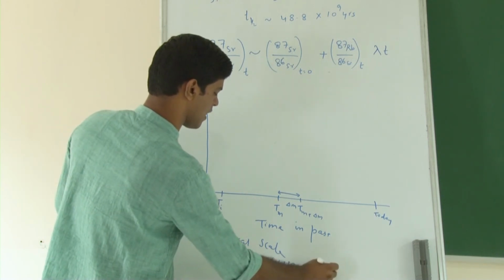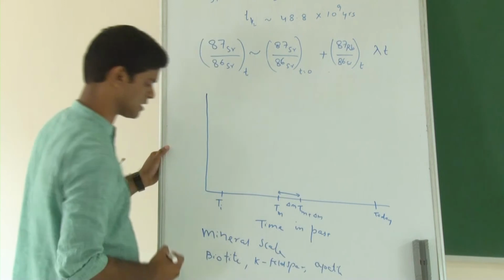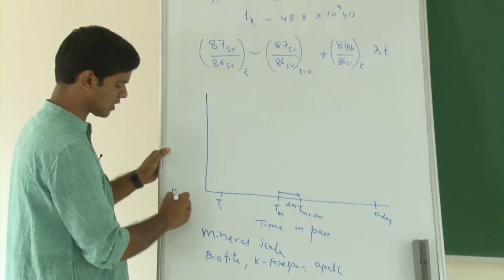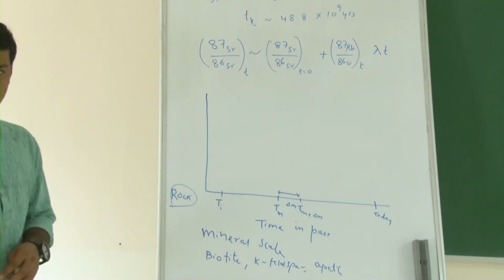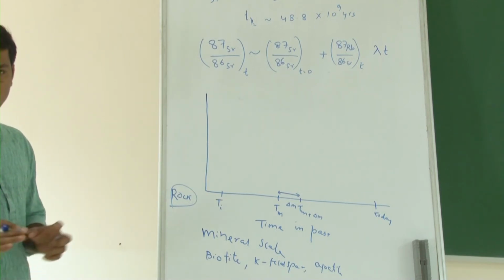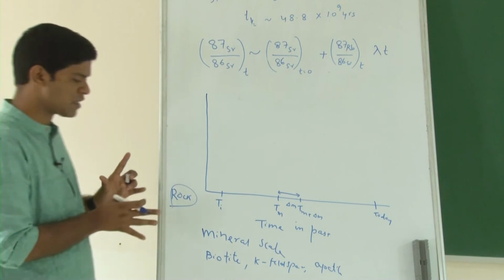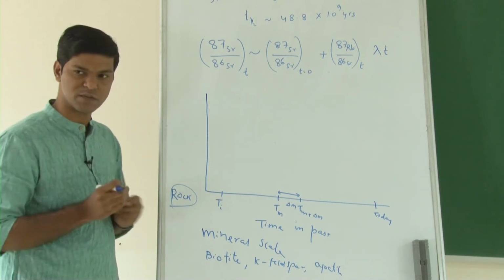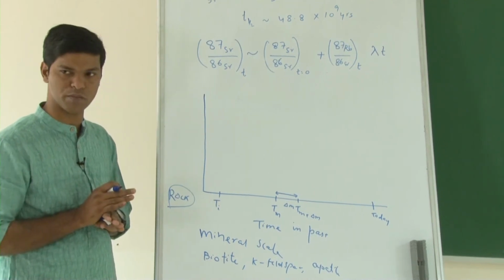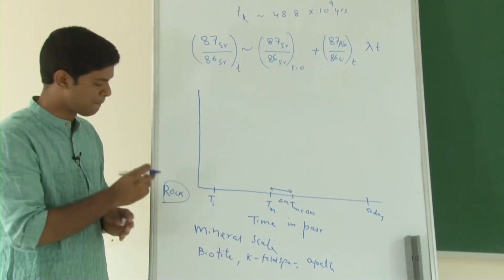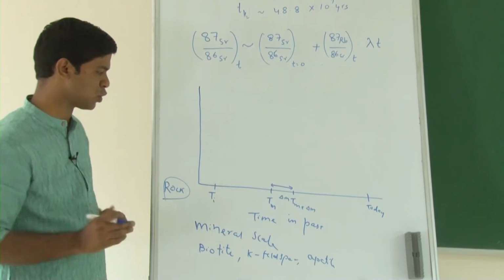At the mineral scale there have been changes, but on the rock scale they have remained almost intact and there has been no major change in the rubidium strontium. So, what we are basically trying to say is there has been internal modification or redistribution of rubidium and strontium within a rock, but on a rock scale there has been no change.